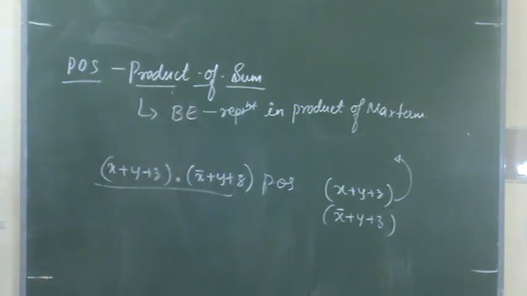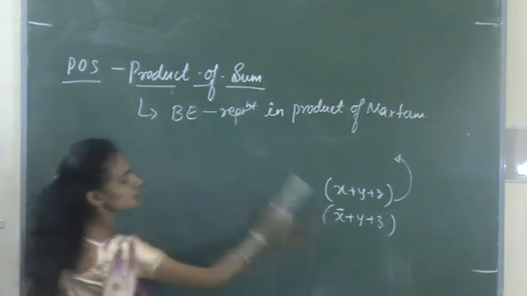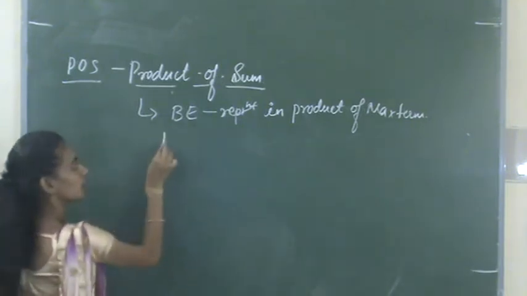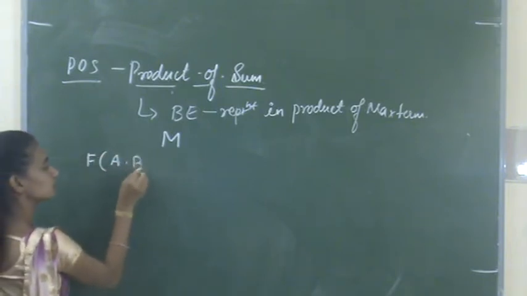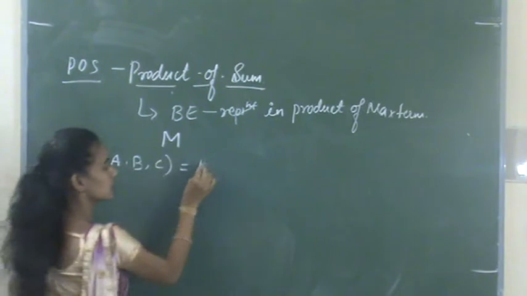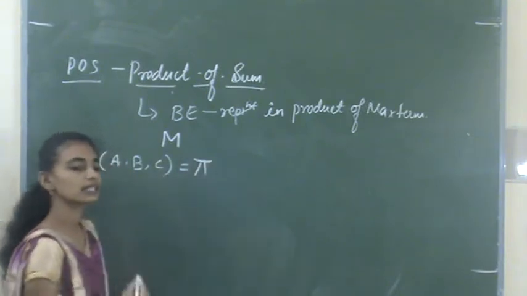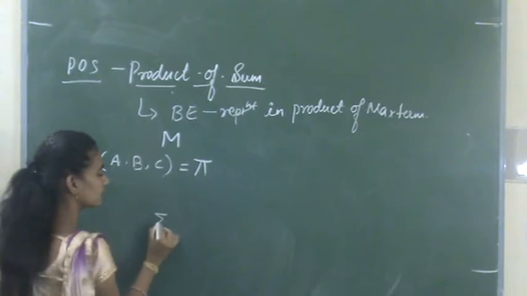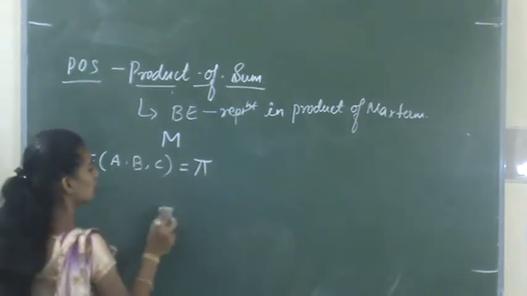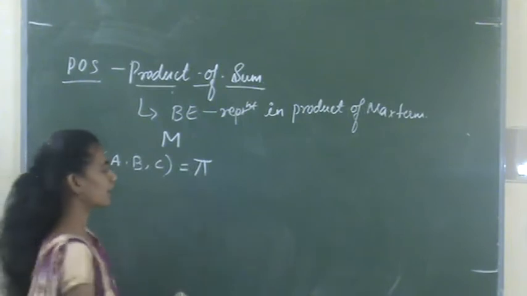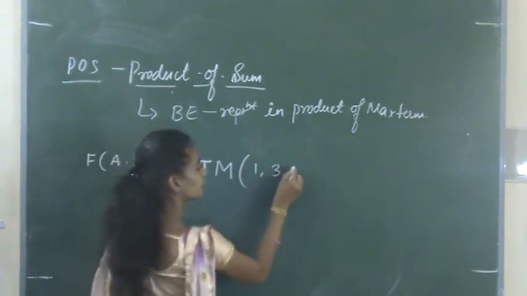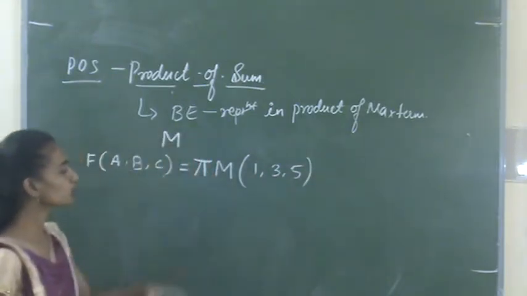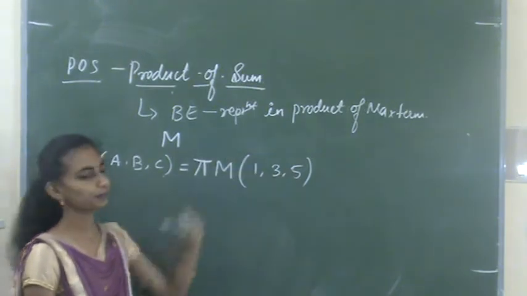So in this also we can represent, how do we represent a max term? A max term is represented by capital M, right? Suppose they are providing the function equals pi. In SOP we represent with the summation symbol, but in POS we use the pi function, pi of capital M. So how do we represent this function in POS form?